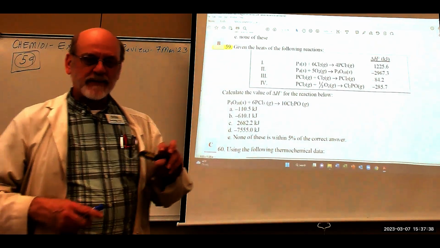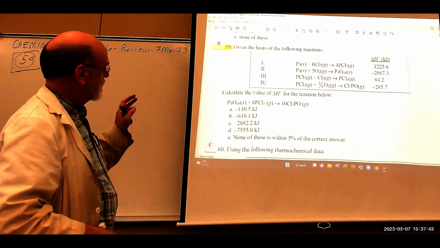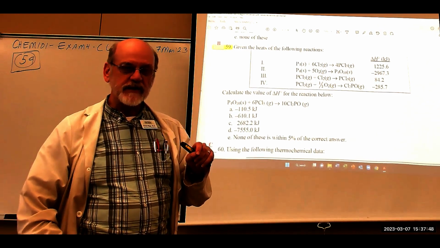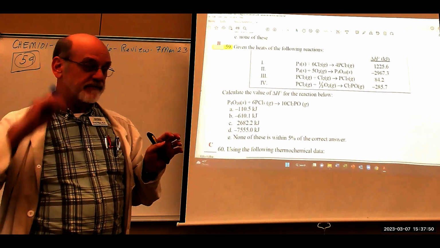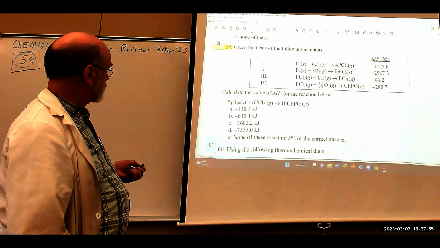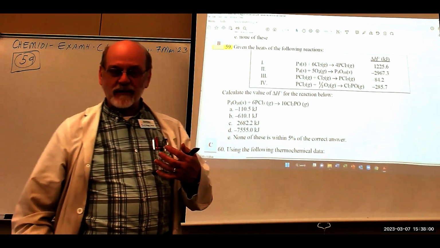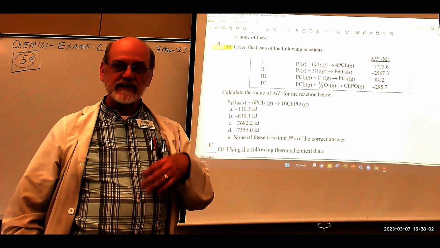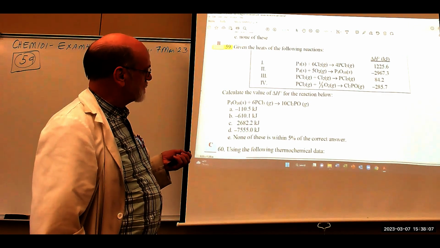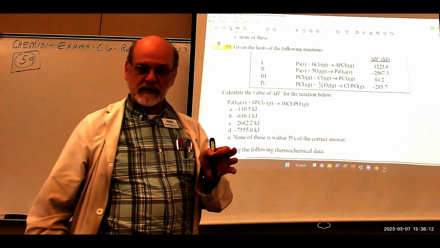All right, we're going to back up and pick up number 59. This particular problem is an exercise in Hess's law. The reason we can use Hess's law, which says that the target equation, in this case, here's our target equation, can be compiled by manipulation and addition from a number of other equations that have their enthalpies established.